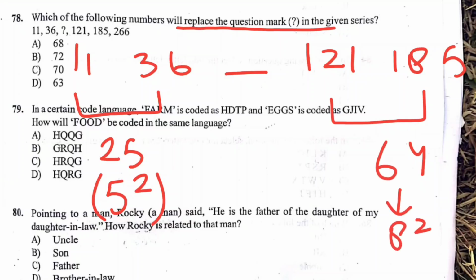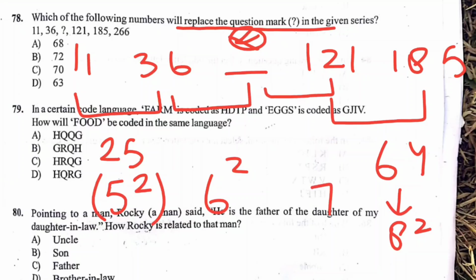So the difference between these two is 5 square. The difference between these two should be equal to the number that we are supposed to find out, and it should be 6 square. And the difference between 121 and the missing number should be 7 square.